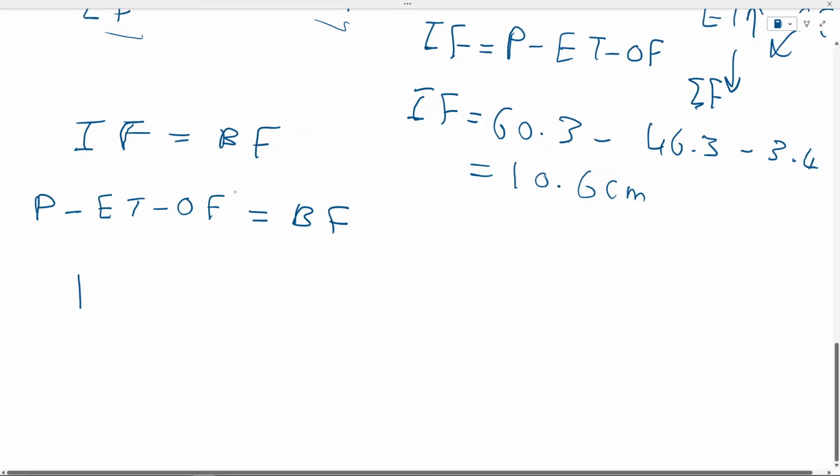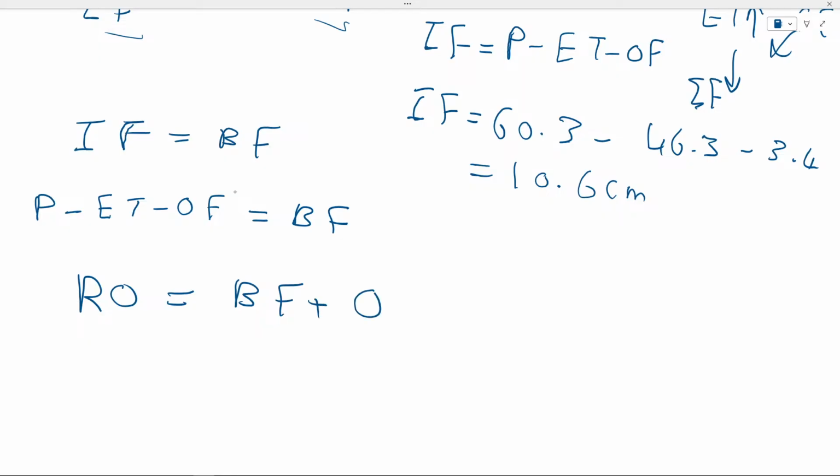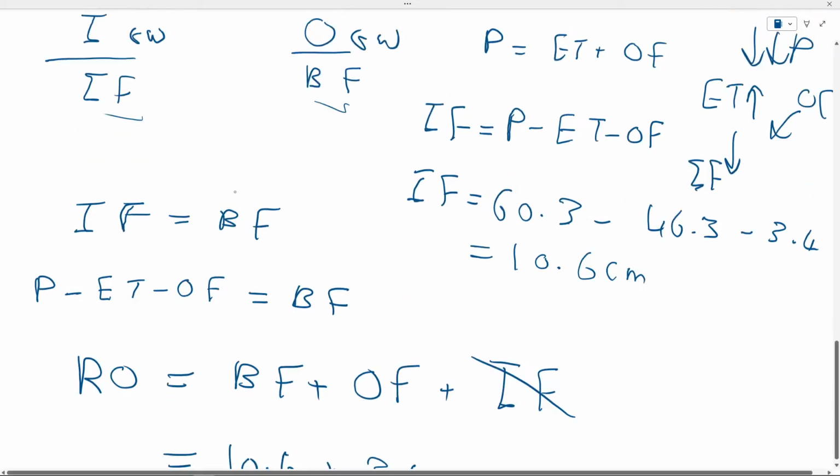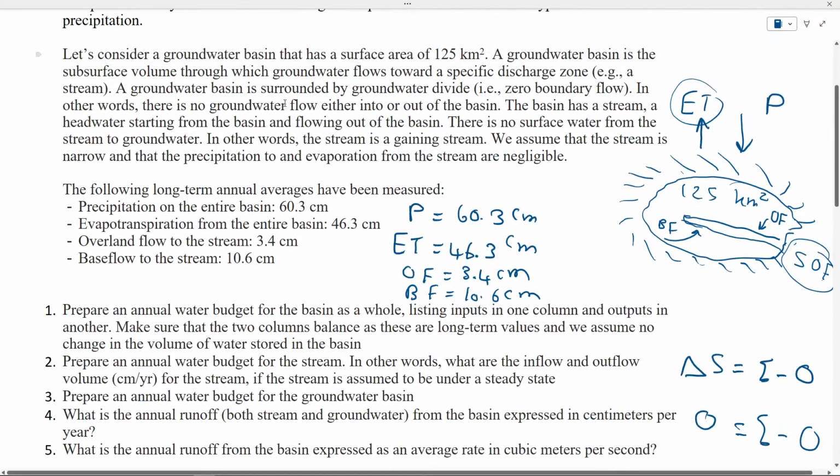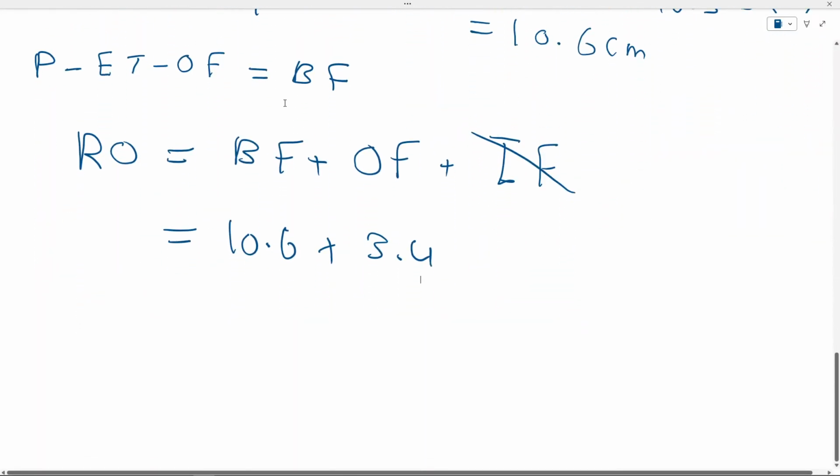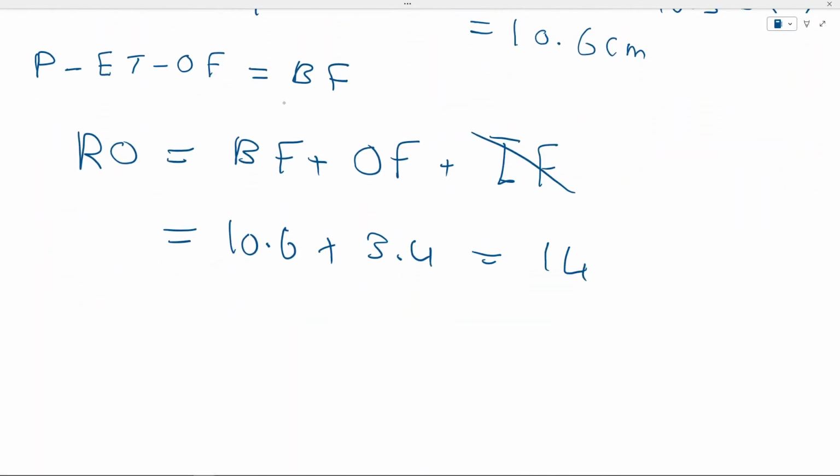The runoff, remember, was equal to base flow plus overland flow plus interflow. Interflow, that's from the vadose zone, is equal to 0. Base flow is given as 10.6 plus overland flow, which is 3.4. That gives you 14 centimeter per year.